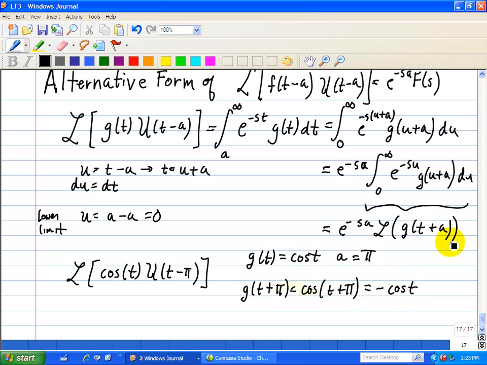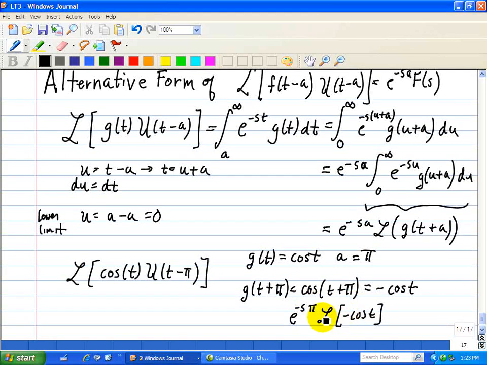Alright? So in this case, we apply this formula. We already found g of t plus a, so it's really the Laplace transform of minus cosine of t multiplied by e to the minus sa, but a in this case is equal to pi.